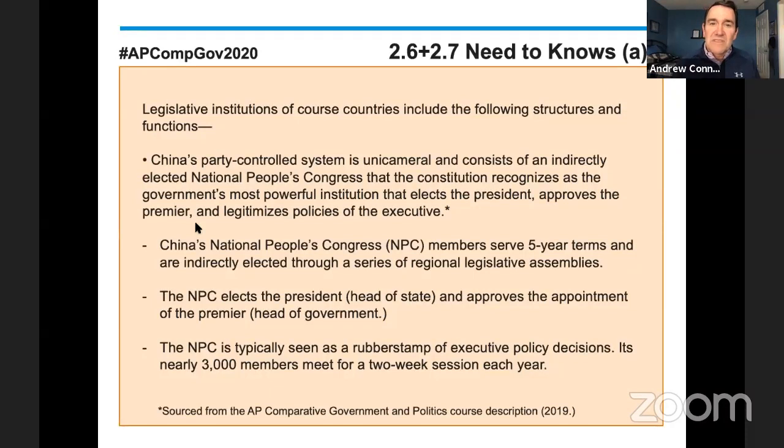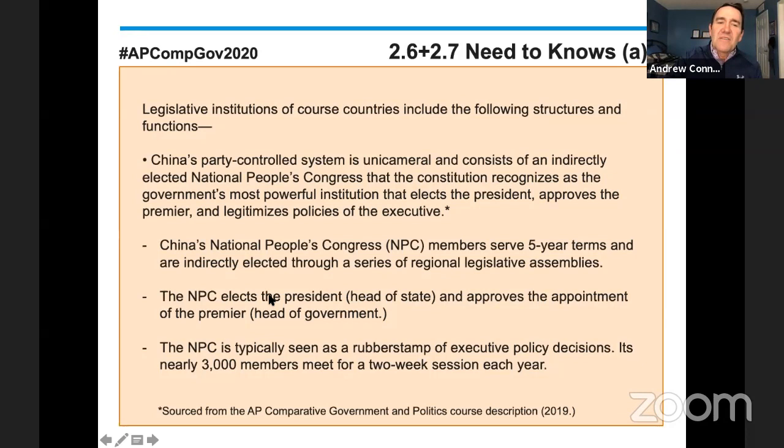There are some members who are unaffiliated with any party. But rest assured, the Communist Party controls who gets into this chamber, and specifically wants this chamber to be approving the executive's policies. That's how power goes, from the top down.